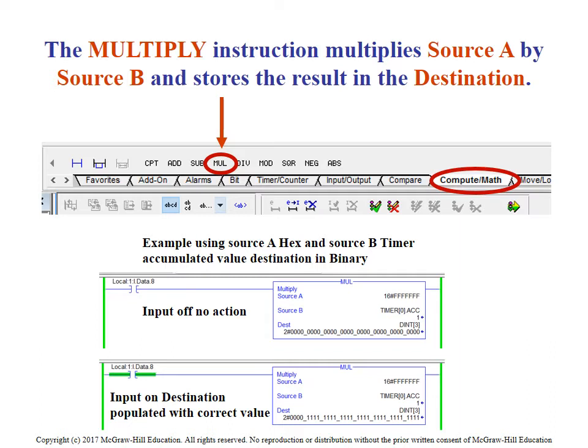Looking at this, with the action off, we have completely zeroed out the register, and when I close this contact, I multiply this by this, and what I'll end up with is essentially the same number as this, only in binary.